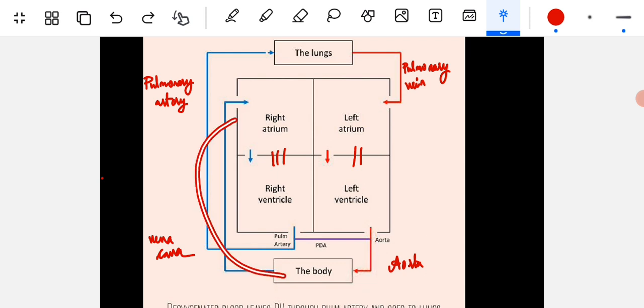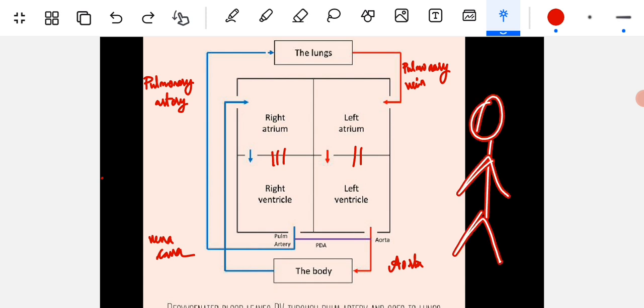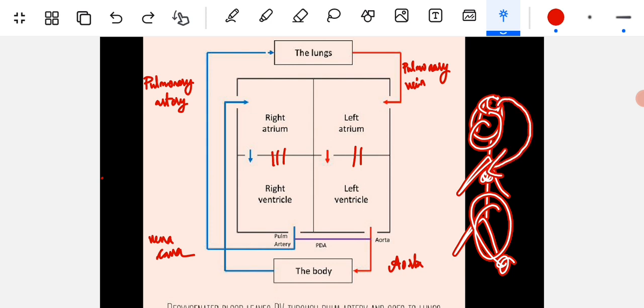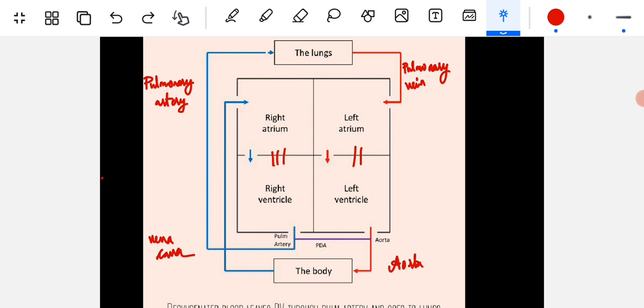From the body again to the right atrium, it is done by the vena cava. The deoxygenated blood from the brain, the upper part, comes by the superior vena cava, and from the toes, the lower part, it comes by the inferior vena cava.